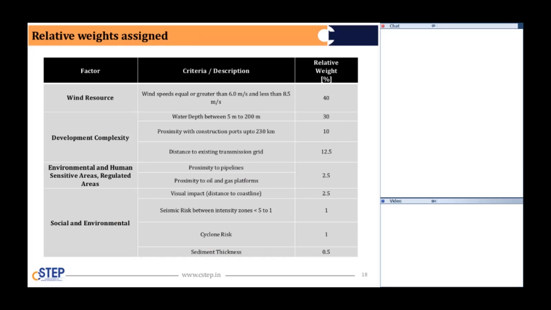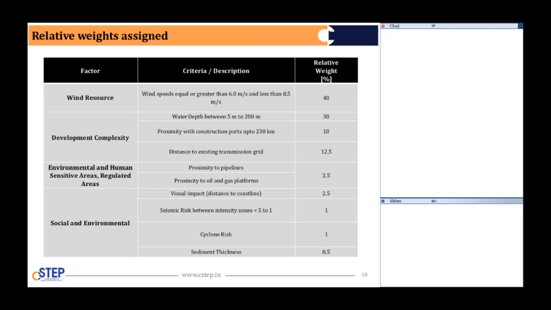So a higher wind resource is always a positive. The second highest weighted score was given to development complexity factors such as water depth, proximity to the nearest port, or distance to the nearest transmission grid or substation, versus lower factors of environment, because they do not really cause massive hindrance to offshore development.